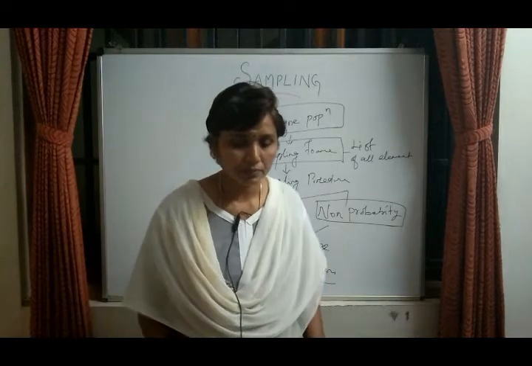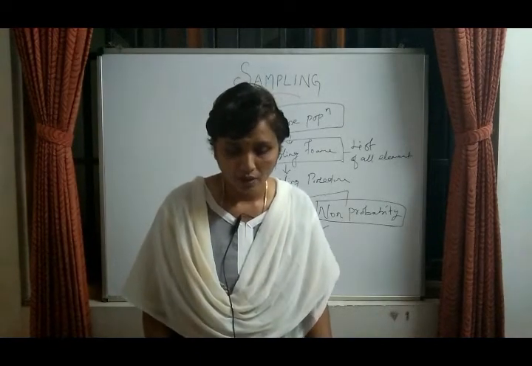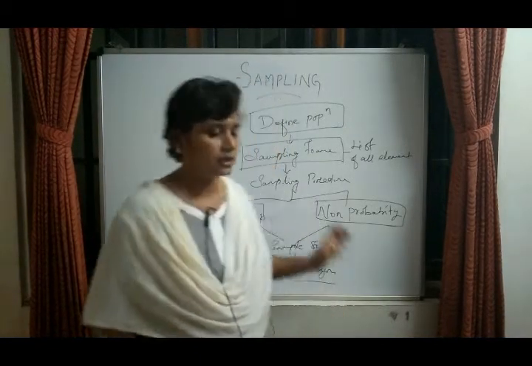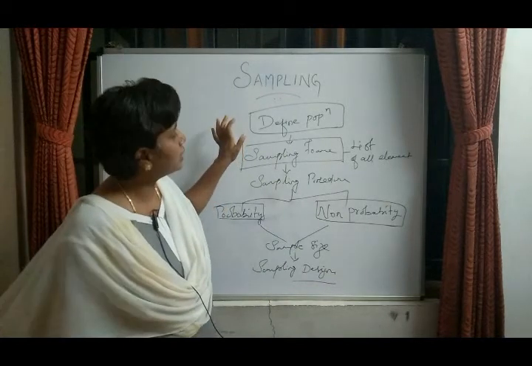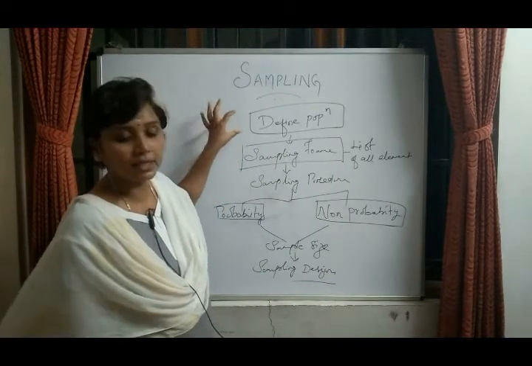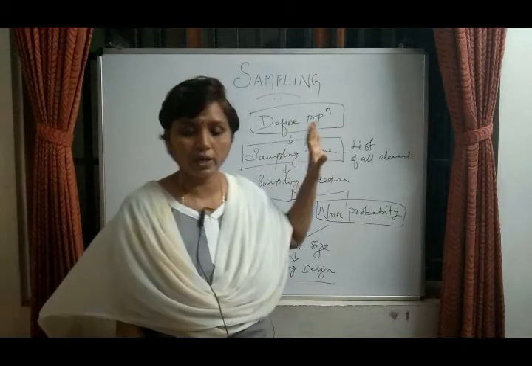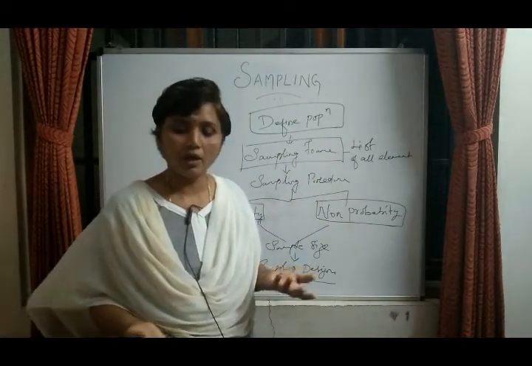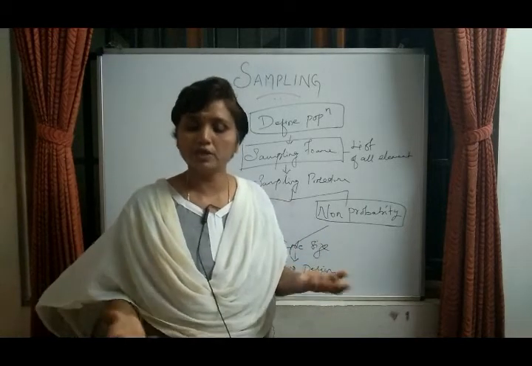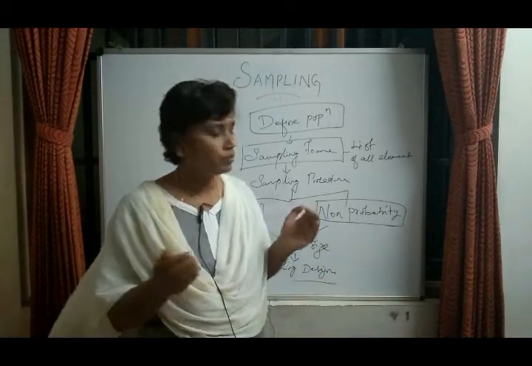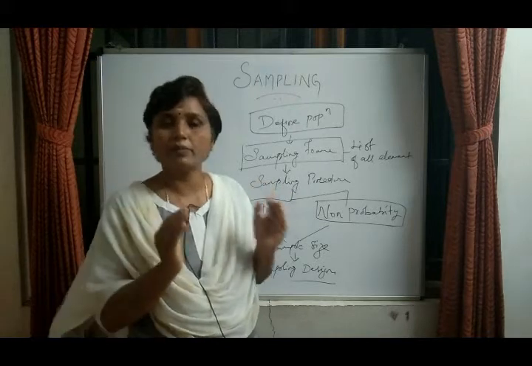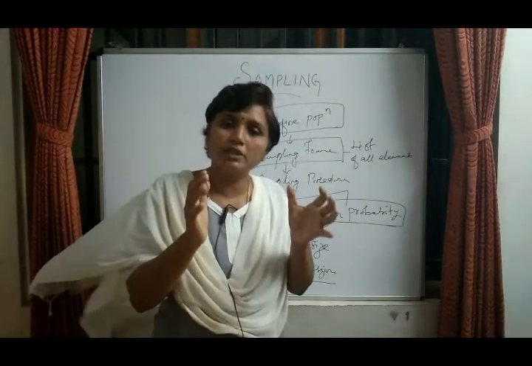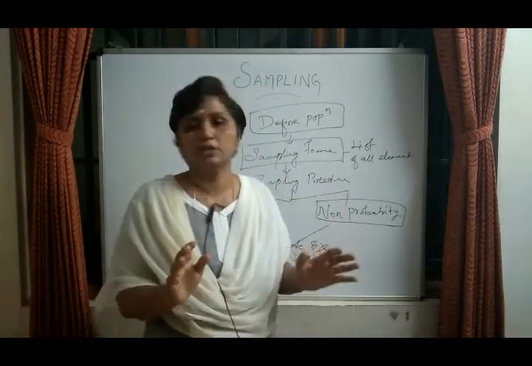Okay. So here in this sampling design, the population is considered as the universe. Okay, in this, all the people are finite. The universe can be finite or infinite. So we have to determine which population we are going to use for the study.